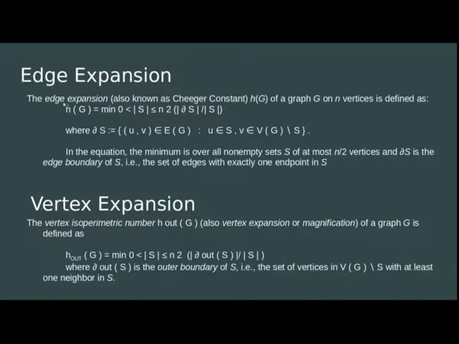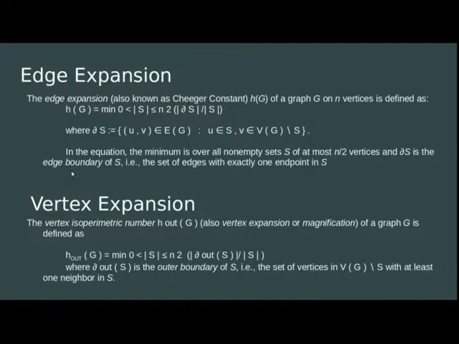The edge expansion constant h of G, which is also called the Cheeger constant, is defined as ∂S by S, where ∂S is the set of pairs of vertices u and v, where u belongs to S and v belongs to the rest of the graph excluding S. In this equation, the minimum is over all non-empty sets S of at most n/2 vertices, and ∂S is the edge boundary of S.